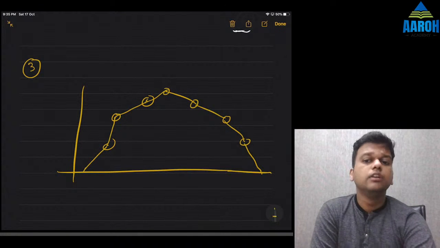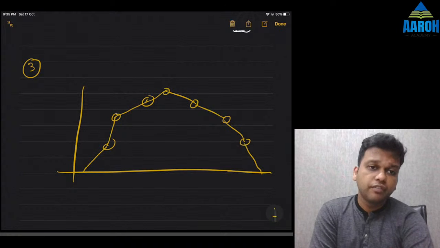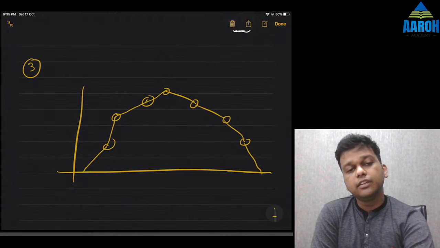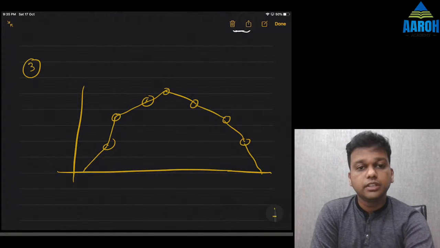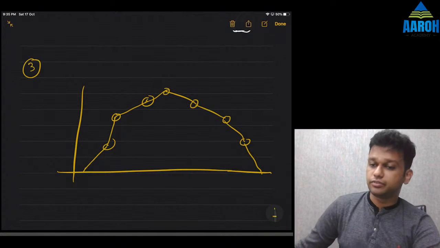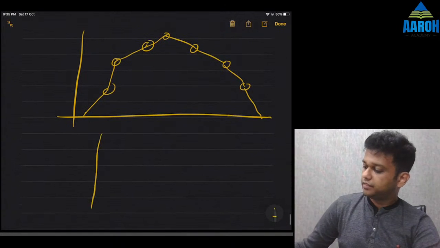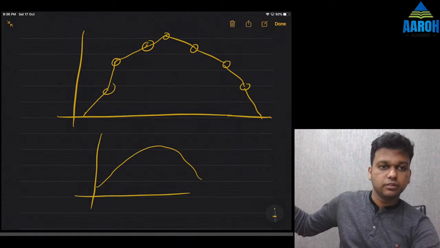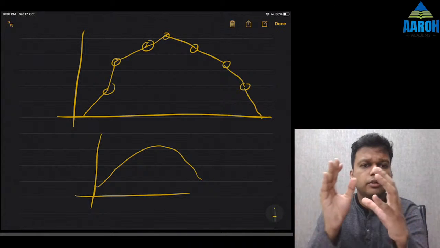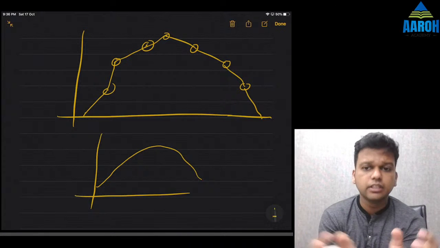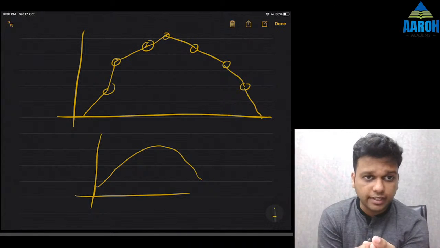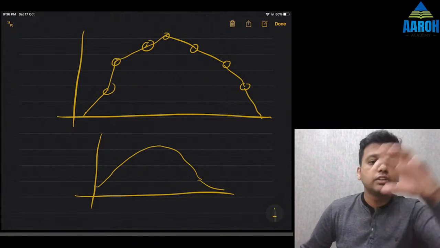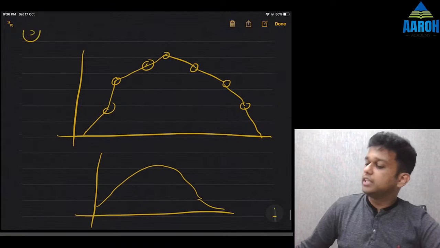If we have a lot of values, then this frequency polygon starts looking like a smooth curve. If there are a lot of values, instead of just 5-10 classes, if we have thousands, lakhs of classes, then the frequency polygon starts looking like a smooth curve, which is called a frequency curve.